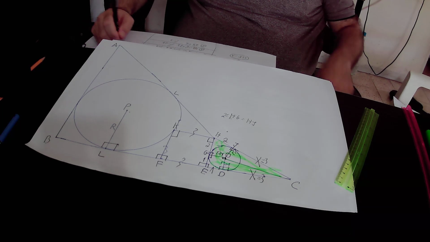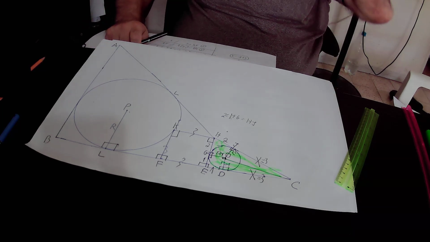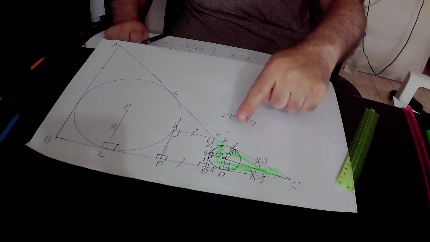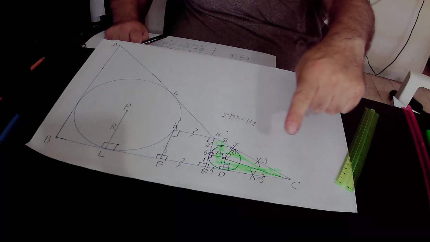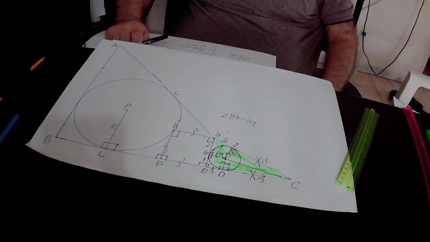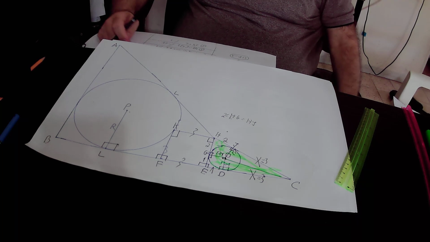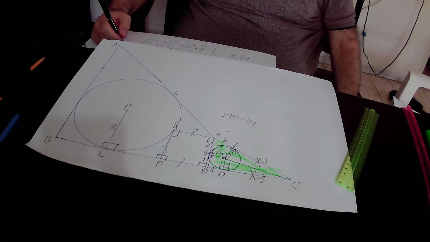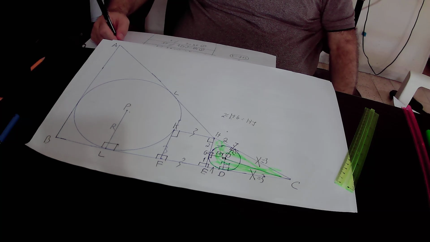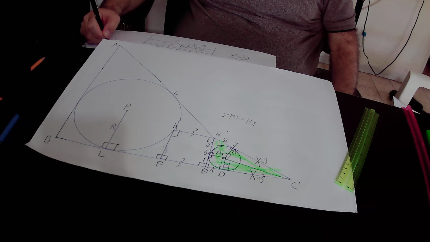In addition, we have here CJ equals CD, they are equal to 3 units, according to rule number 2.